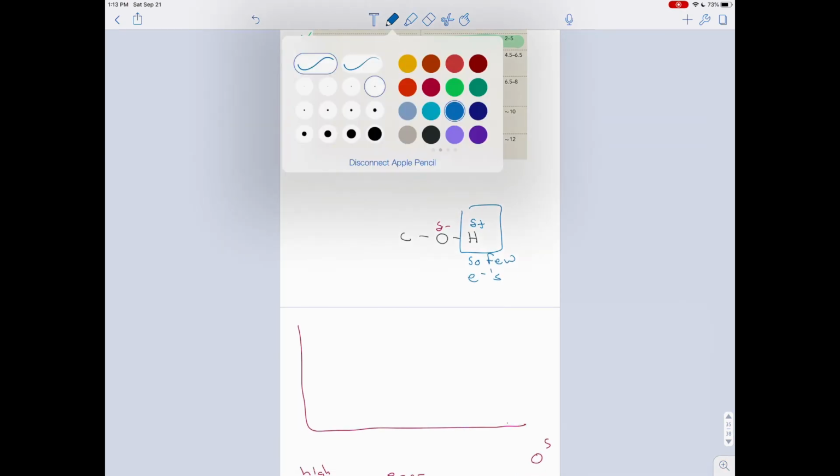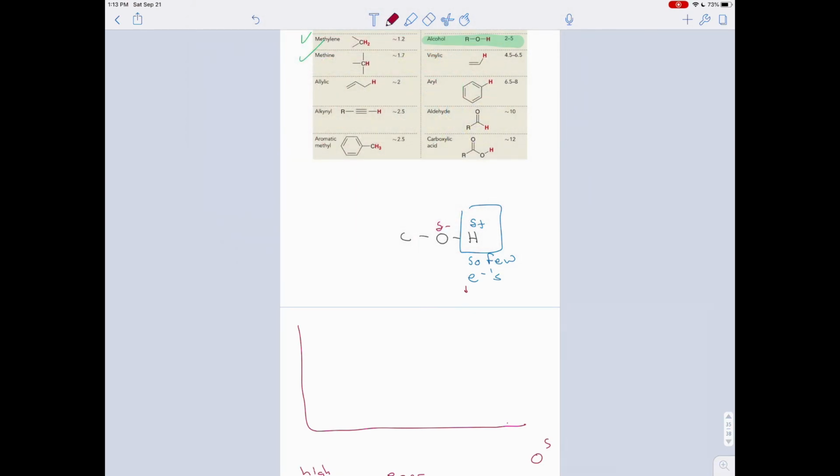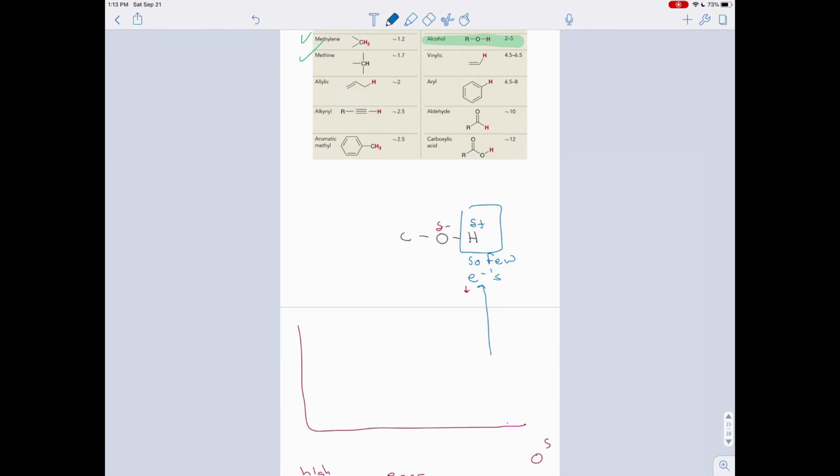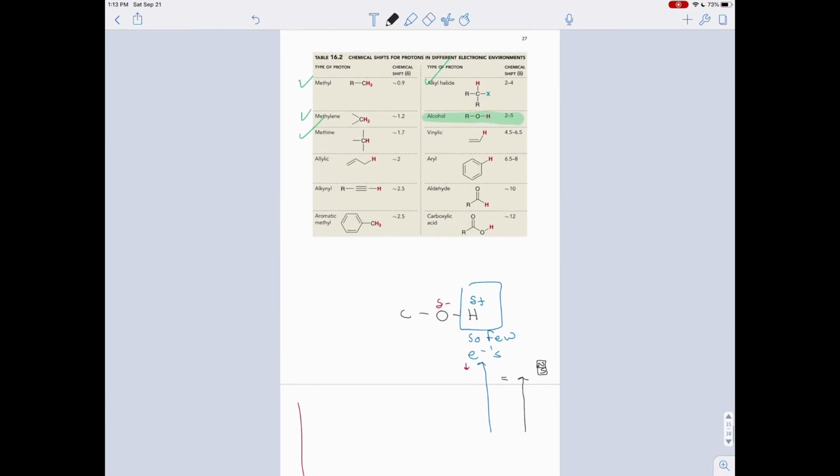Because there are so few electrons around it, they can barely oppose the external magnetic field. And so the net field is very strong. So it's very hard to get a magnet to flip in such a strong field. You need even more energy, and the chemical shift gets bigger.